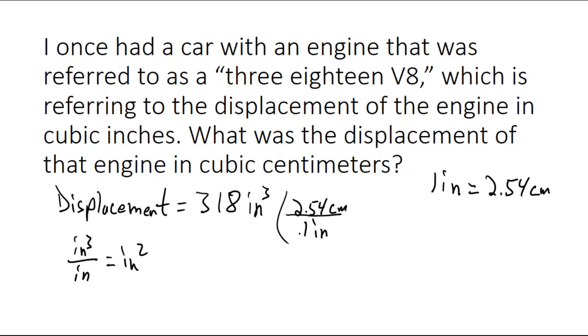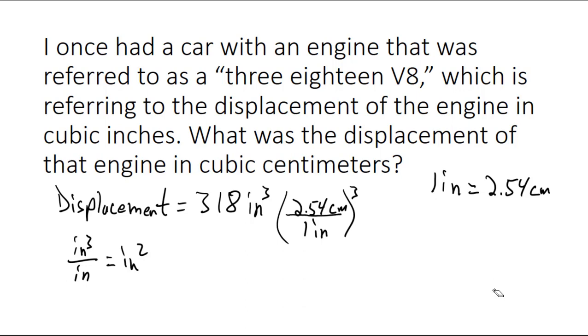And the way I do that is I need inches cubed. I cube the conversion factor. When I cube those parentheses, I get 2.54 cubed, centimeters cubed, 1 cubed, and inches cubed.